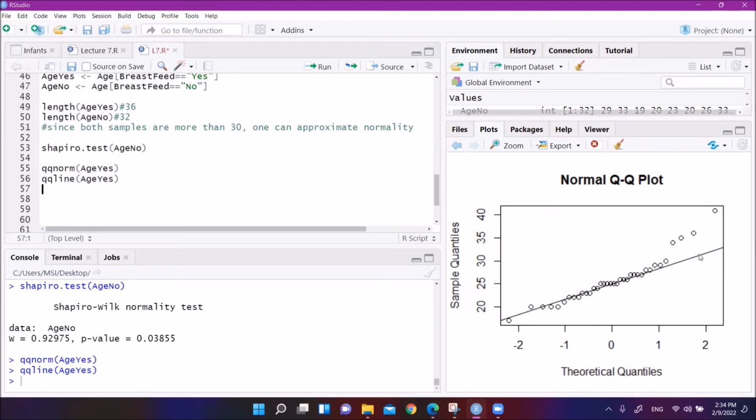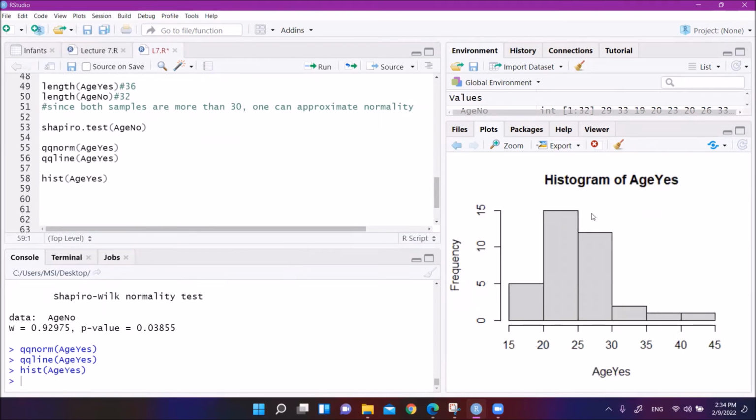These observations also should come here. It's going beyond the line, which means the distribution is getting skewed. Similarly, you can draw a histogram for each year, and see it's getting skewed toward the top observations. This is called positively skewed, right?